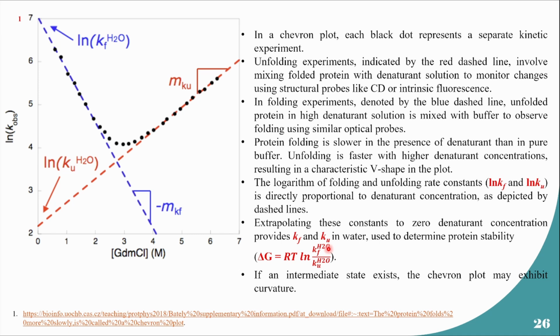So in water means no denaturant is present there. And Ku is again the same, the unfolding rate in a water system. So no denaturant is present there. So these are obtained by extrapolation. And you can use this formula: del G equals RT ln Kf by Ku to get the free energy change from the unfolded to the folded states, right? So this sort of way you can get some energy value calculations, right?